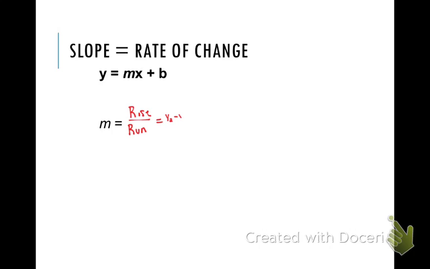Something you're going to need to remember. So y2 minus y1 over x2 minus x1. If you're given two points of a line, or just two coordinates, and asked what's the rate of change or what is the slope of your line, remember, it goes up and down first, left and right second.